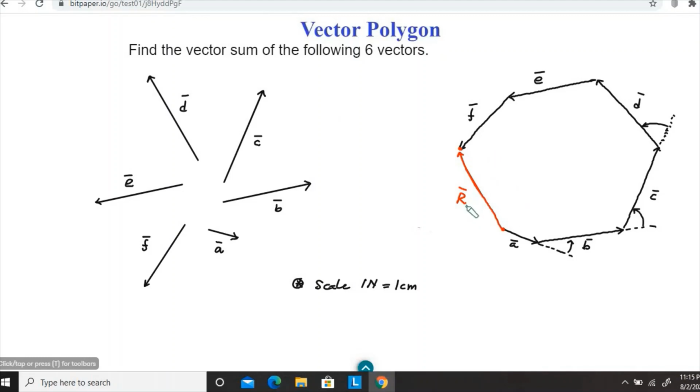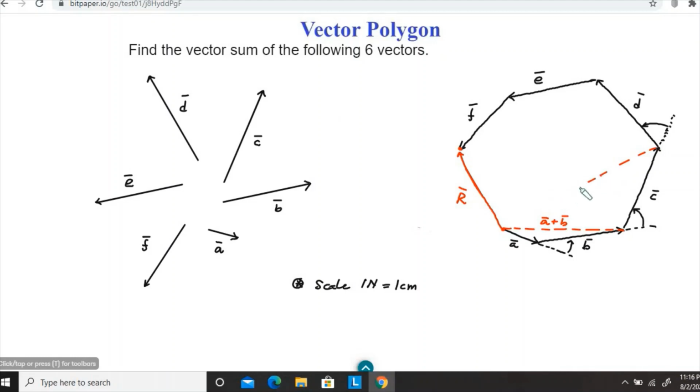Now you can apply the previously discussed vector sum of two vectors to get the resultant vector as an equation. For example, if you can see vector A and vector B, if you think about these two vectors, that gives you the vector sum for those two vectors, A plus B. Then you can add that result to vector C. So that is this one.